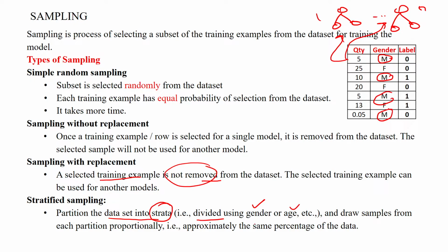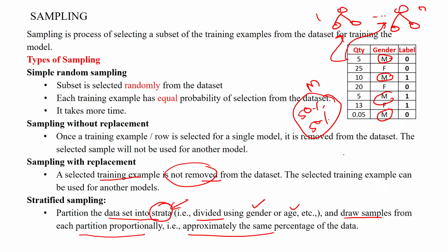We then draw samples from each partition proportionally, approximately the same percentage of data. From male we can take 50%, and from female we can also take 50% of the data. This is called one strata. This type of sampling is called stratified sampling.